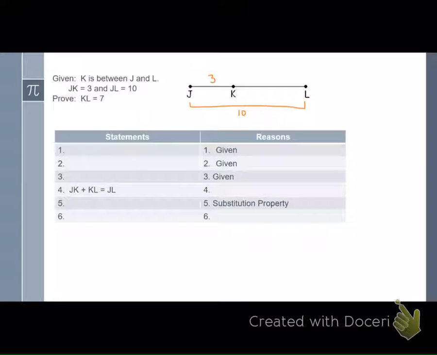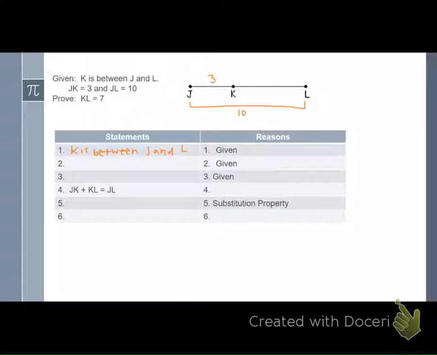So Harmony, what would you have to put in line 1? Give me one of your pieces of given information. Yeah, we always start with our given information. So one of them is K is between J and L. So we have 3 pieces of given information.